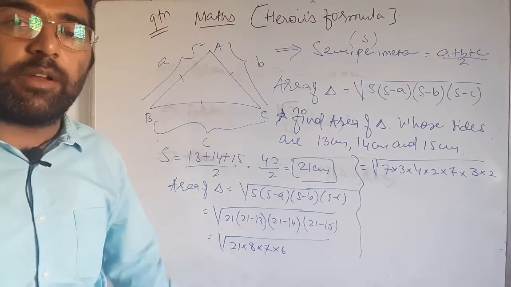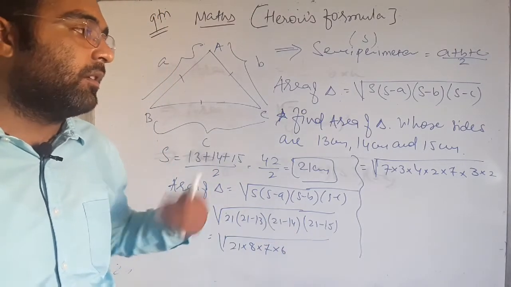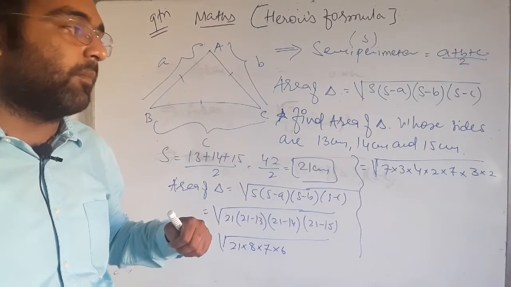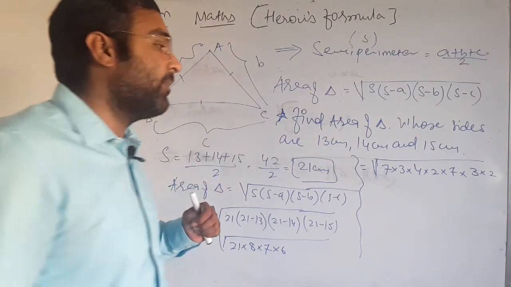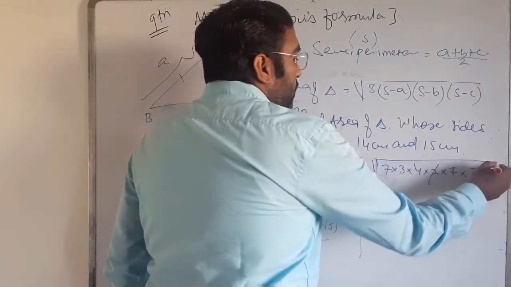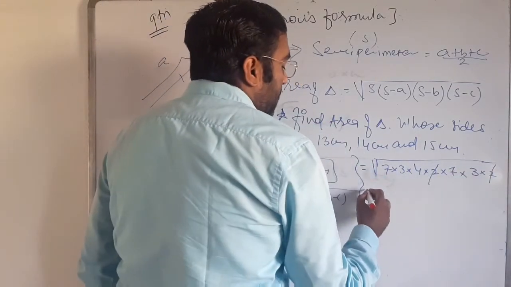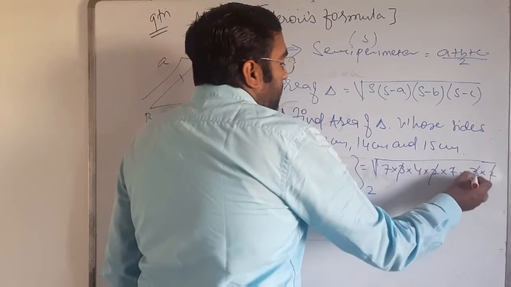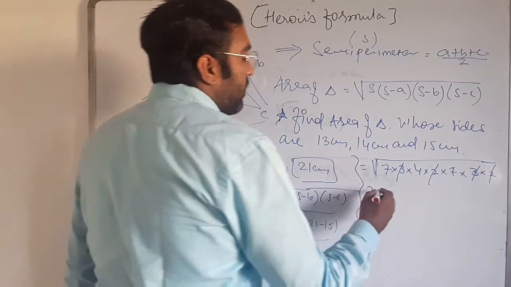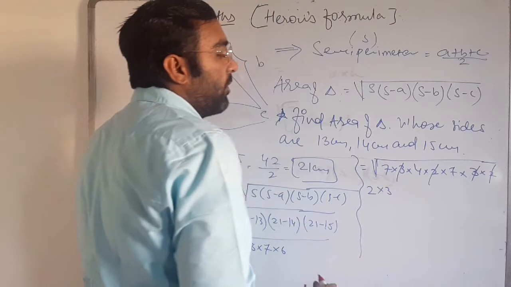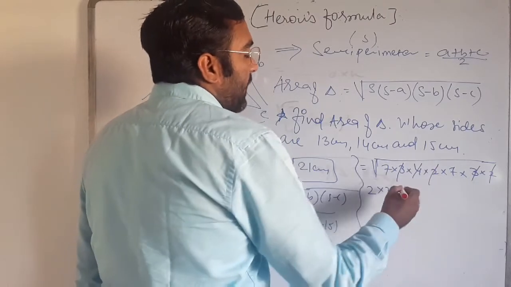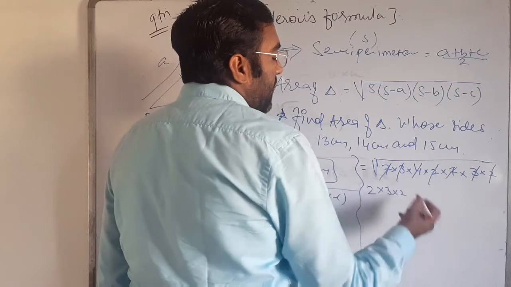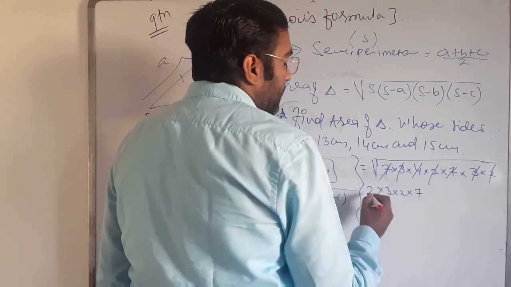Whenever we find the square root of any number, we take a pair of common numbers out. Here the 2s are a pair, so we write 2 once. The 3s are a pair, so we write 3. The square root of 4 is 2. And 7 and 7 are a pair, so we write 7.